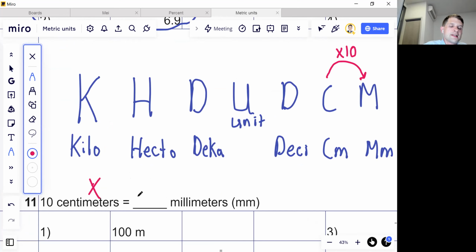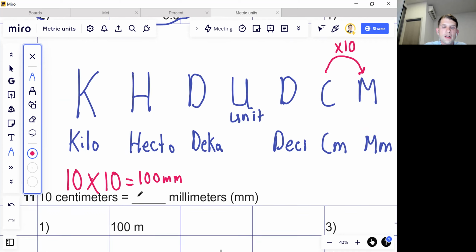And we could fill out the rest of this later, perhaps. Well, that's going to be times 10 here. So 10 centimeters times 10 is obviously equal to 100 millimeters. Okay, so we need to be careful here.